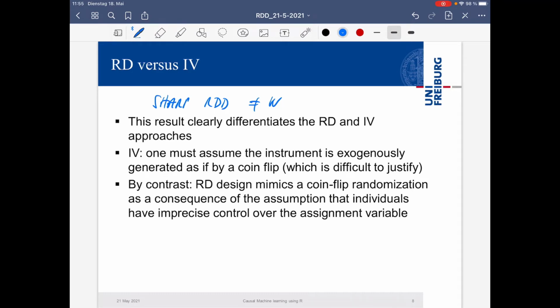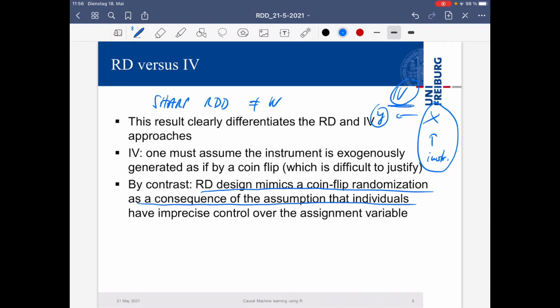Just very quickly once again, so if you have an endogenous X variable, you are searching for an instrument that is correlated with the endogenous X variable to identify a causal effect on Y. So the IV approach, however, is different to the sharp RDD, because in the IV you must assume that the instrument is exogenously generated as if by a coin flip, which is not that easy to justify, whereas RD mimics a coin flip randomization as a consequence of the assumption that individuals have imprecise control over the assignment variable.